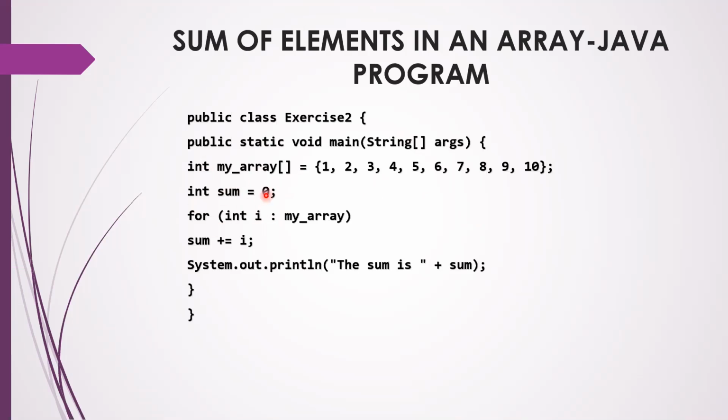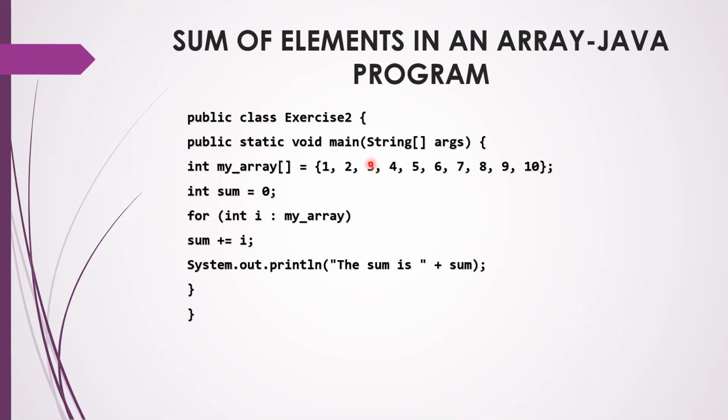Now I'm looping through the array. So for int i colon my_array, in each iteration, what will happen? i will be added to sum and stored inside sum. So in the first iteration, 1 will go, 1 plus 0, and it will be stored in sum as 1. In the next iteration, 2 plus 1, 3 will be stored in sum.